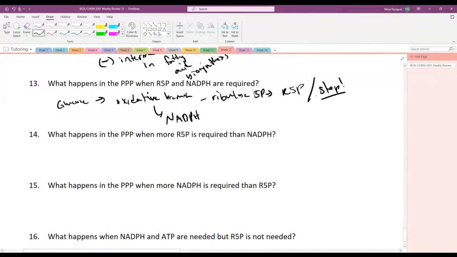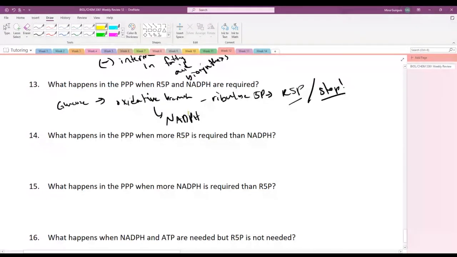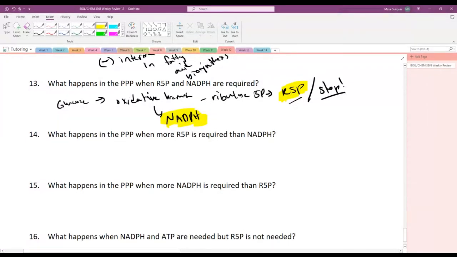We don't need to go all the way to fructose or whatever. We want R5P, we're happy here, okay? So the pentose phosphate pathway can stop whenever it needs to stop to give the body whatever it needs in that situation. So in this case, we need NADPH and R5P. So the oxidative branch predominates, you get R5P right away, and you stop. You don't do the non-oxidative branch. You don't put stuff back in for glycolysis. You just stop, okay? All right.